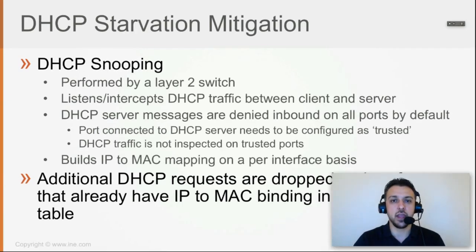For example, if a client connected on port 101 has actually received an IP address from the DHCP server, and the switch has seen that because it constantly intercepts all DHCP packets, then the switch says, okay, if you got an IP address, then why do you send any more new DHCP requests? It doesn't make sense. So with this feature you're going to defend against both the DHCP rogue server and against the DHCP rogue client.